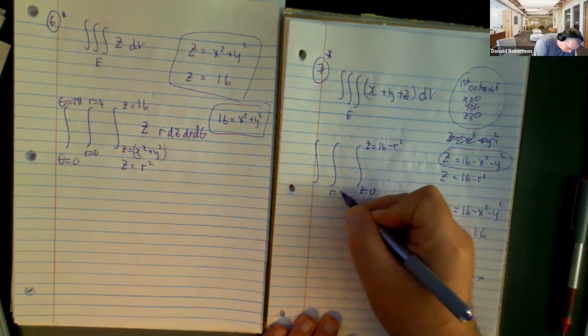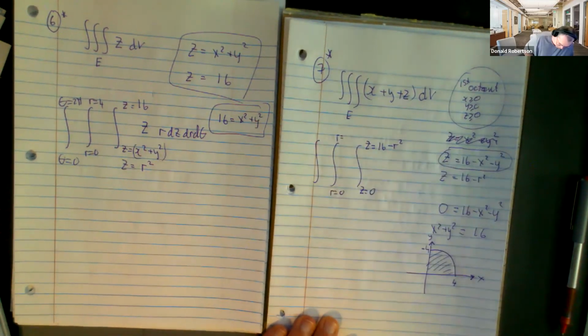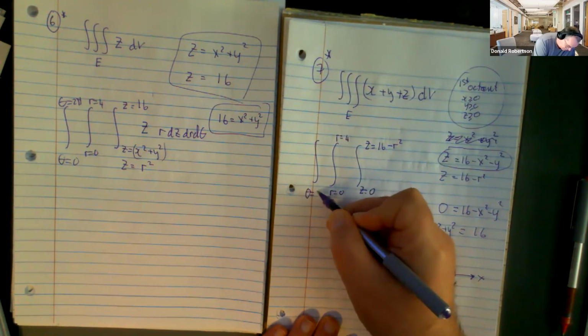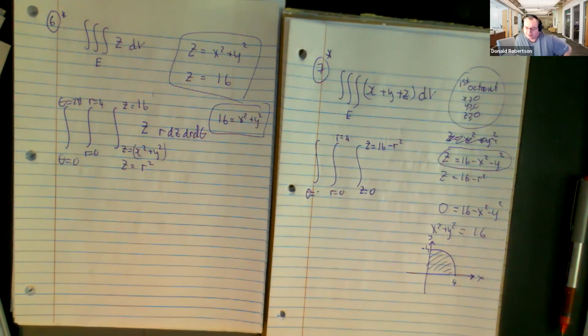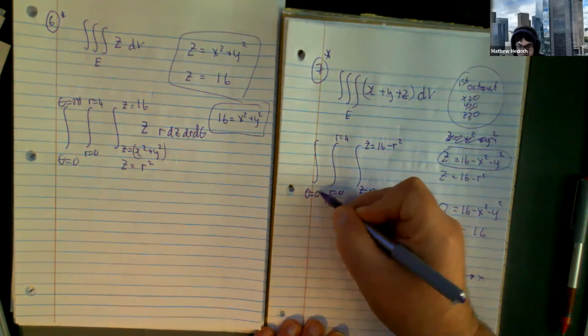Isn't r going to go from 0 to 4? And theta, what is the range of theta in this question? Zero to pi halves. Agreed.